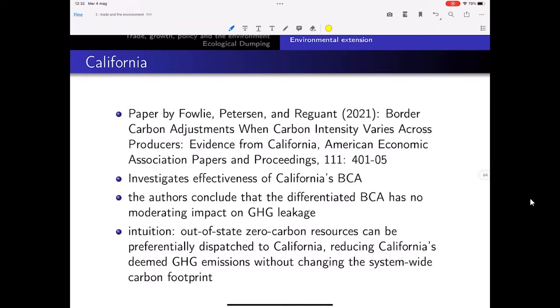The authors conclude that the differentiated border carbon adjustment mechanism has no moderating impact on greenhouse gas leakage. So the system is very ineffective. It doesn't work, according to the authors' calculus.